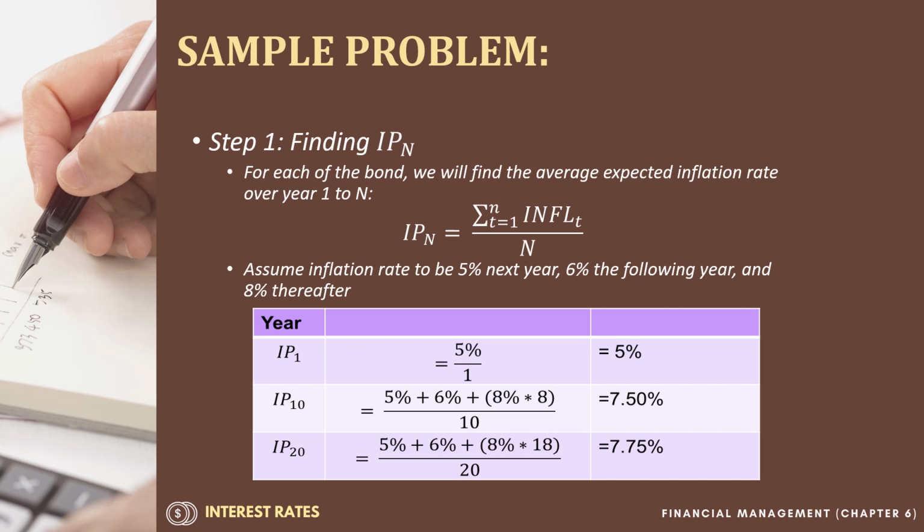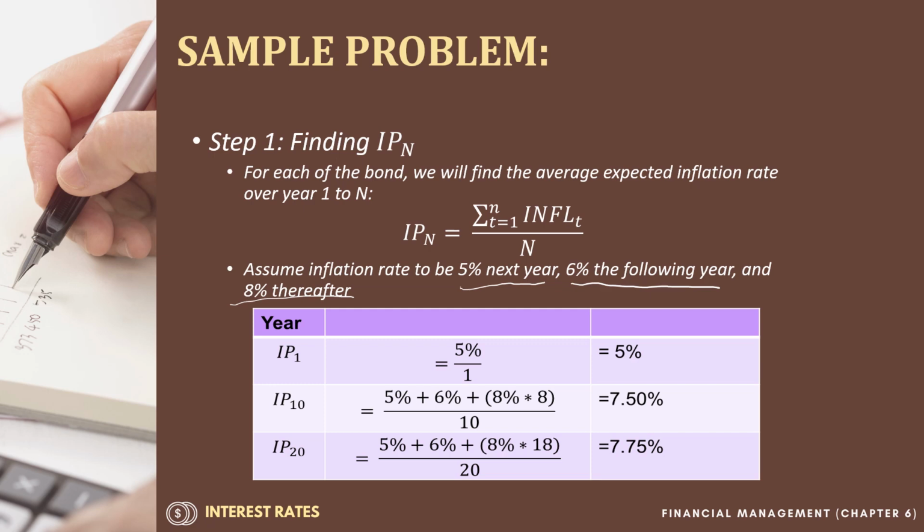Assume that the inflation rate is to be 5% next year, and then 6% the following year, and 8% thereafter. Now, for the inflation premium for year 1, we only have 5% divided by n, that is 1. So we have here 5%.